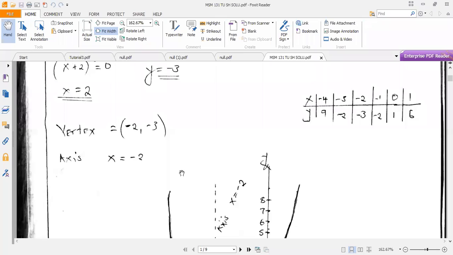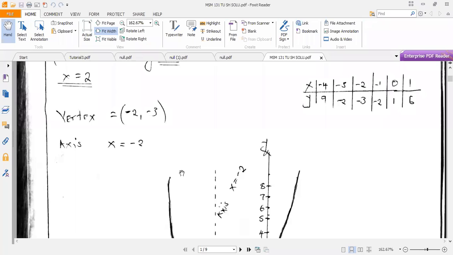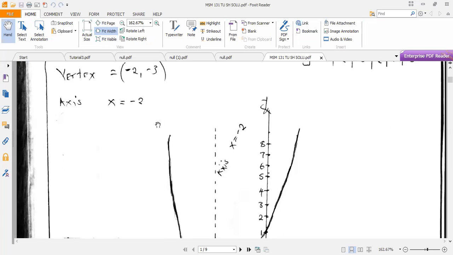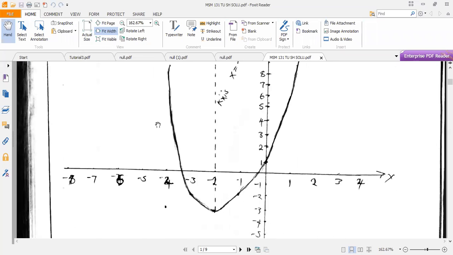Now we come to the other thing we're supposed to do, which is sketching a graph. Before you sketch your graph, you only know one point, which is the vertex, and in this case it is the turning point. So you place it there, negative 2, negative 3.